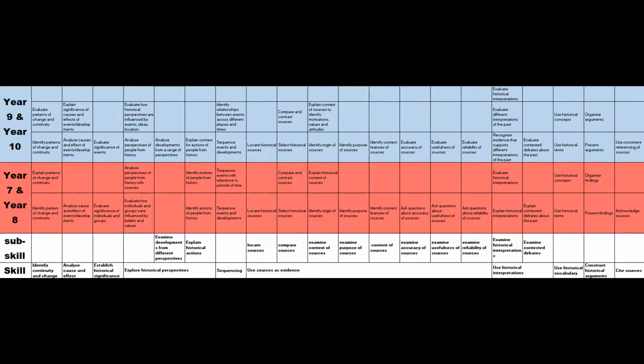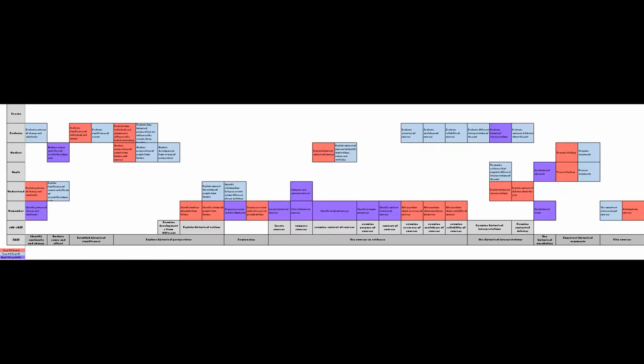So when I map this to Bloom's, if the curriculum is developmental, you should expect to see red, because that's 7 and 8, and then blue on top of it, right? That's what this should look like. I'll show you this next slide and you'll see that unfortunately that is not the case.